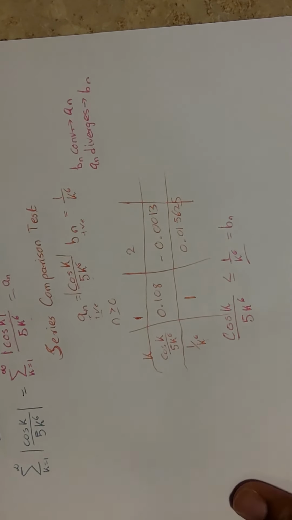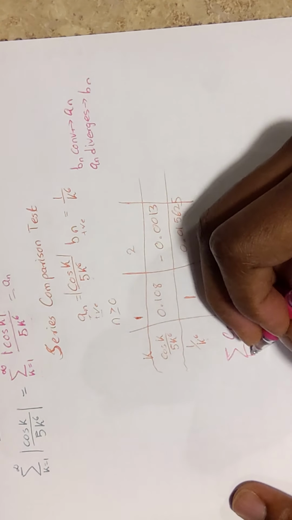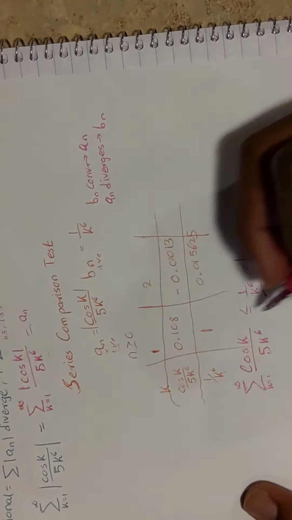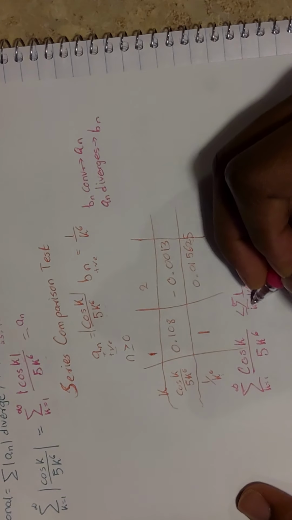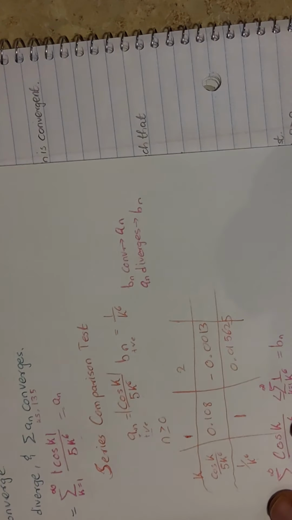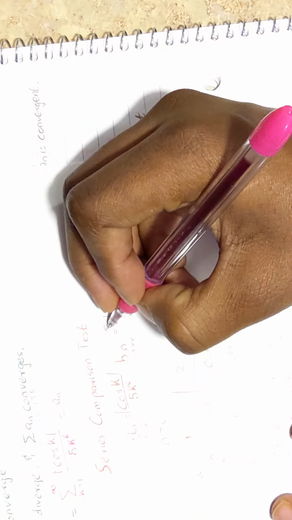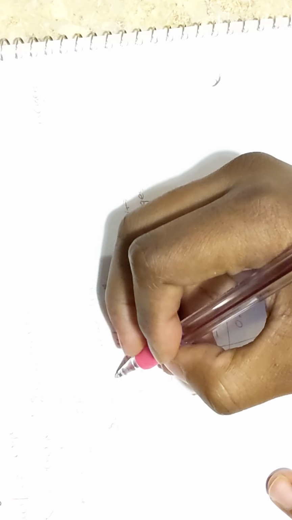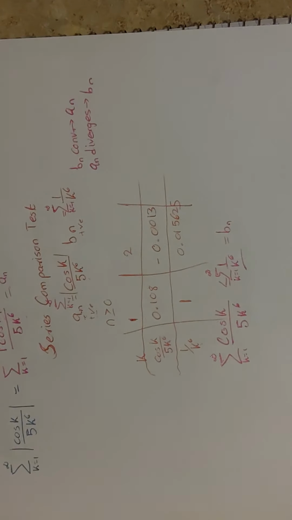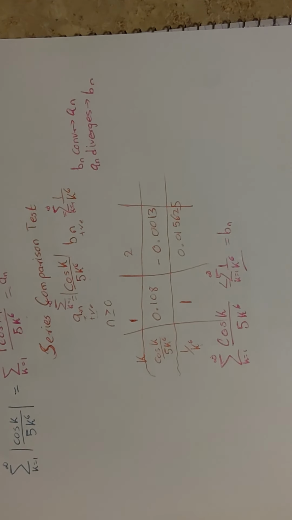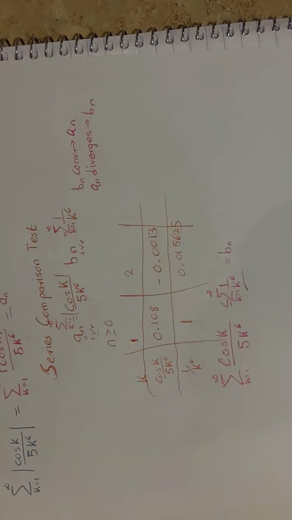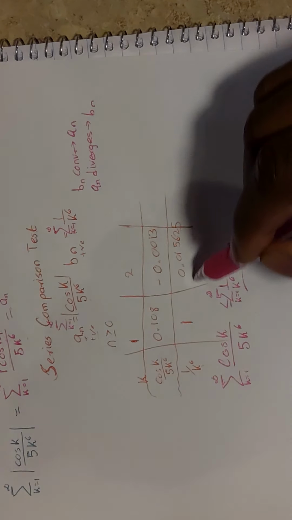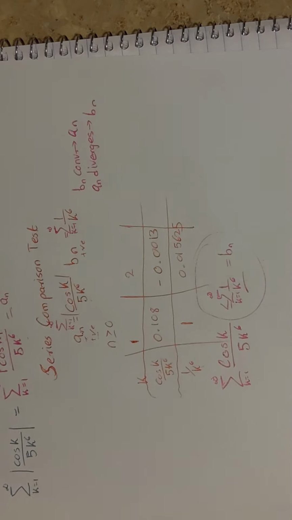Oh, don't forget this: sigma, k equals 1 to infinity. Okay, so now we have to find what exactly happens to 1 over k to the 6th, right?